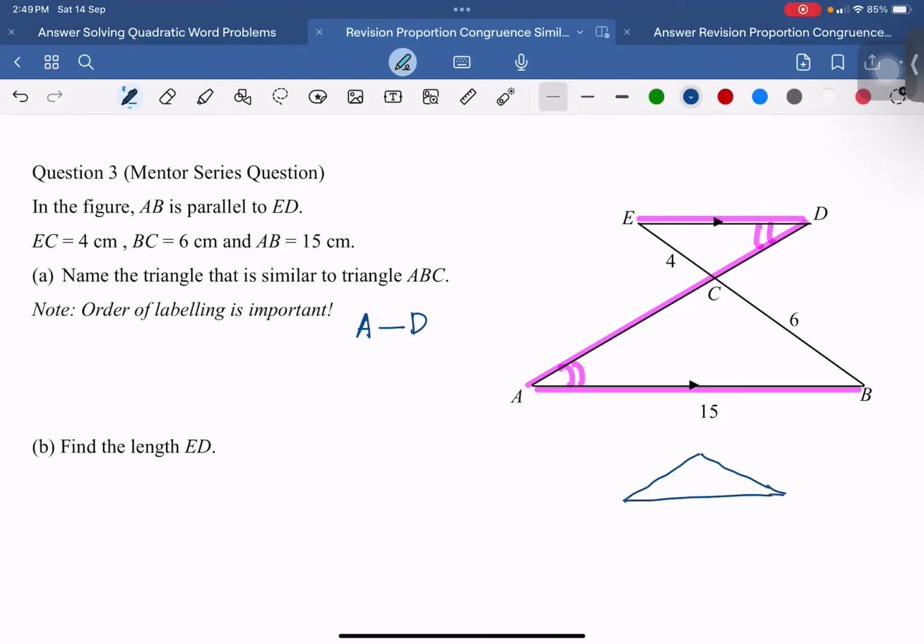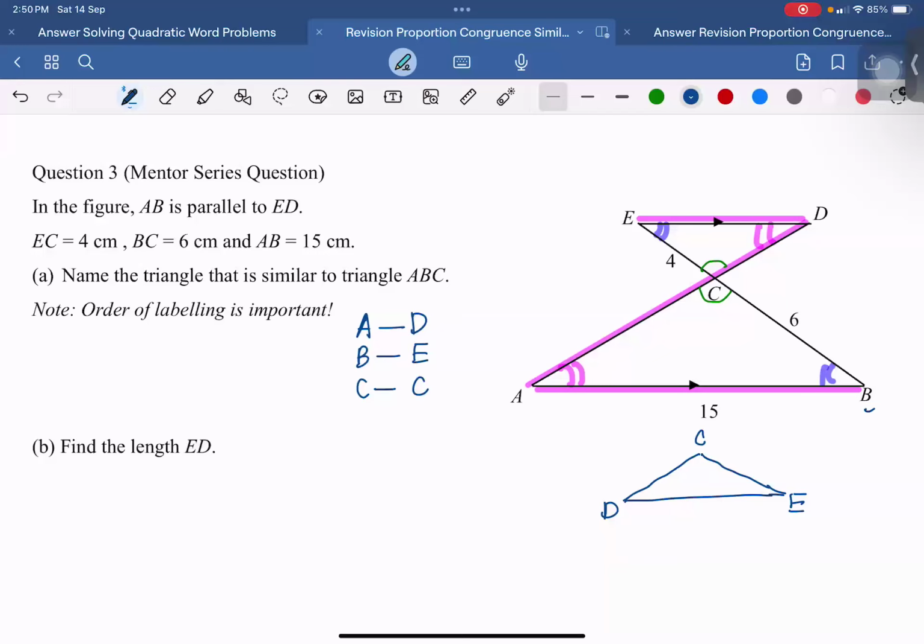A matches with D. Then another pair of alternate angles, angle B and E. B with letter E. Then last but not least, vertically opposite angles: letter C with letter C. Good.